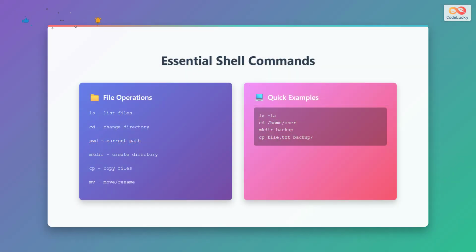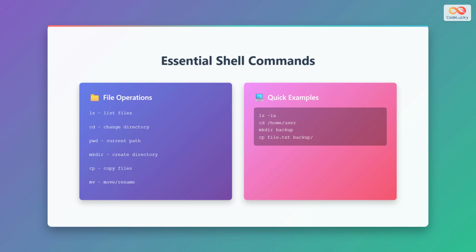Before diving into scripting, let's review essential shell commands that form the building blocks of any script. File operations include ls for listing files, cd for changing directories, pwd for displaying the current path, mkdir for creating directories, cp for copying files, and mv for moving or renaming files.